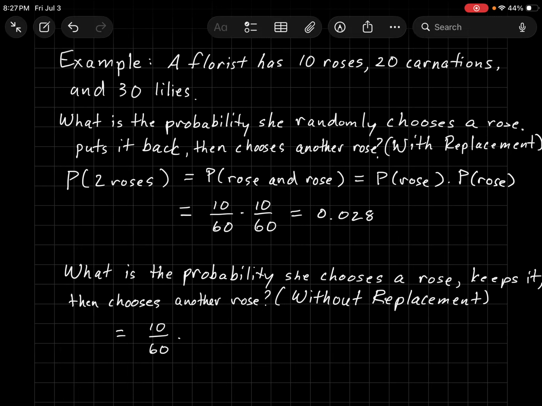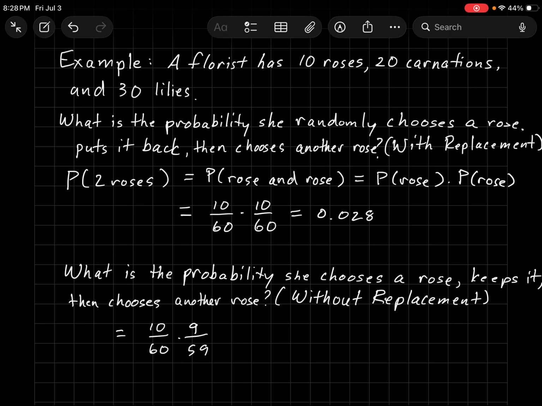So what is the probability of choosing another rose now that one is gone? We simply determine how many roses we have left, 9, and how many flowers we have left, 59. So 2 ideas. Multiple events, we're choosing two things. We would multiply two things together.